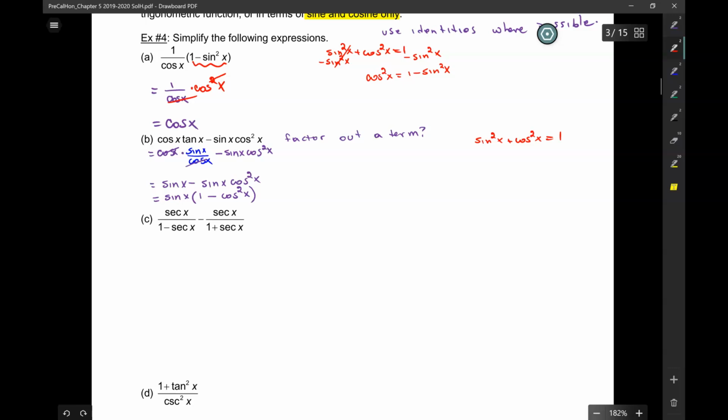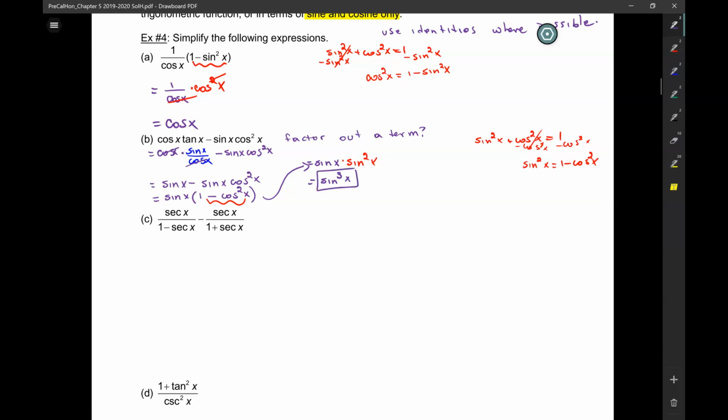So if I subtract cosine squared x, sine squared x is 1 minus cosine squared x. So here I write that this is equal to sine x times sine squared x. And what's sine times sine squared? Sine cubed x.